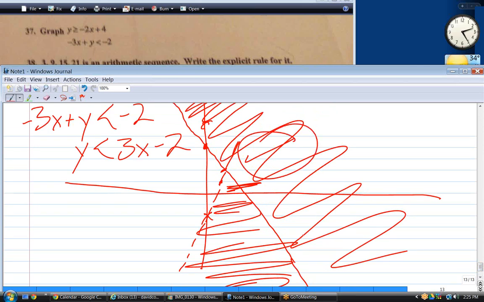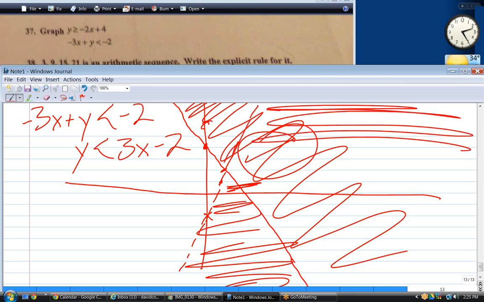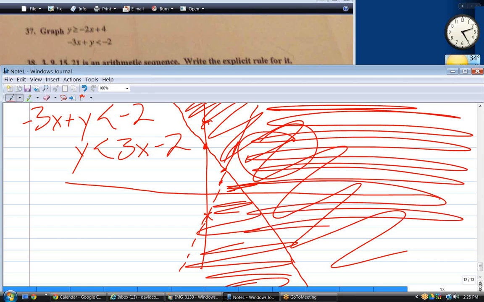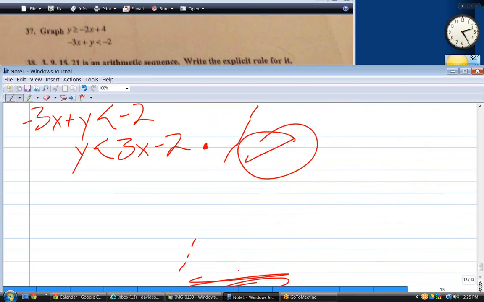Below. So when I shade this second line, I have to make sure I shade all of up here, all of down there. Whoops. I forgot that my drawing tablet, if you do that, it treats it like an eraser.